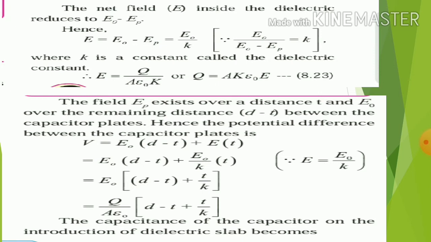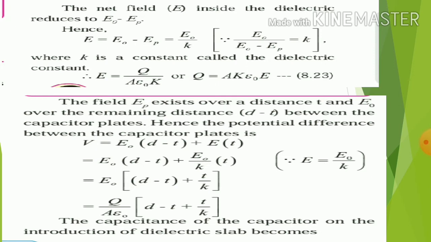Therefore, V equal to E0 into square bracket small d minus small t in small bracket plus small t upon K square bracket complete.